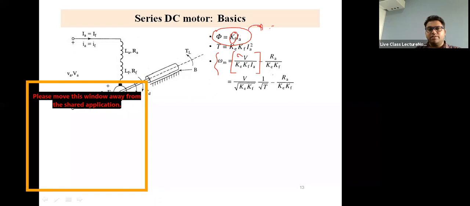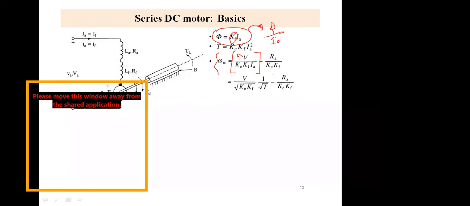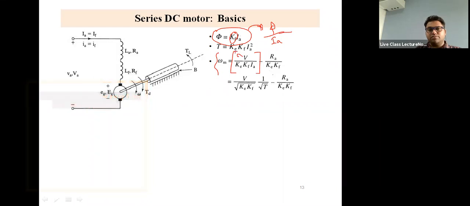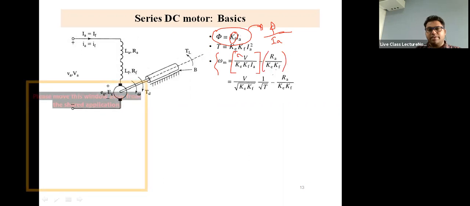So kf is the field constant, it will have the unit of flux by current, right? So if you can see it properly, omega is a function of V by Ke kf minus Ra by Ke kf into Ia. So the expression comes out like this.